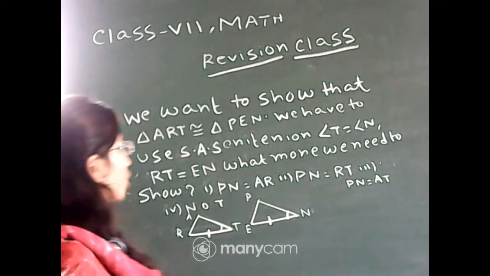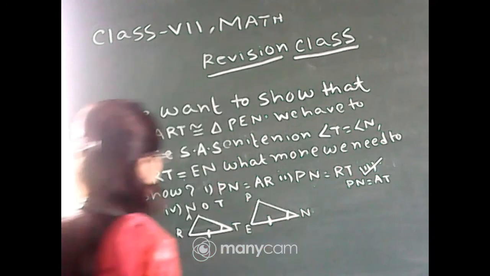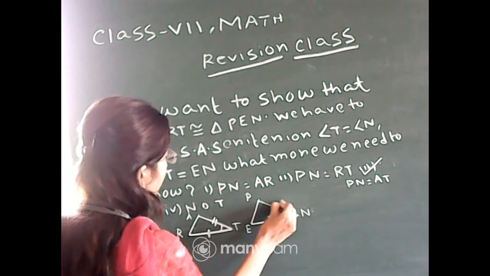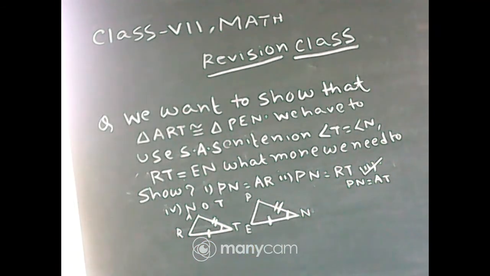Yes, option 3 is the correct answer. Very good. We need to show side PN is equal to side AT, because if under a given correspondence two sides and the included angle of one triangle are respectively equal to two sides and the included angle of another triangle, then we can say that the triangles are congruent to each other, and this is side angle side criterion.